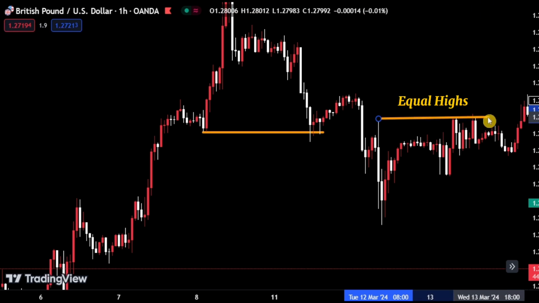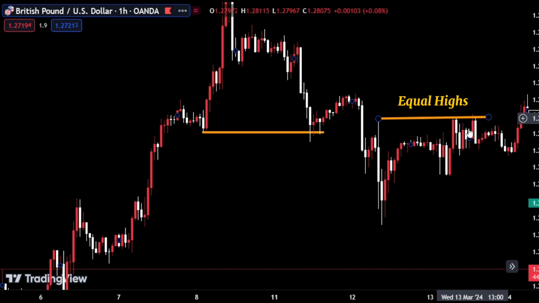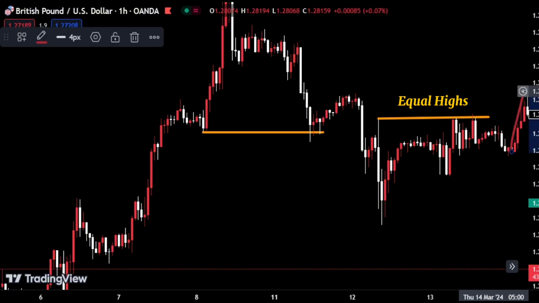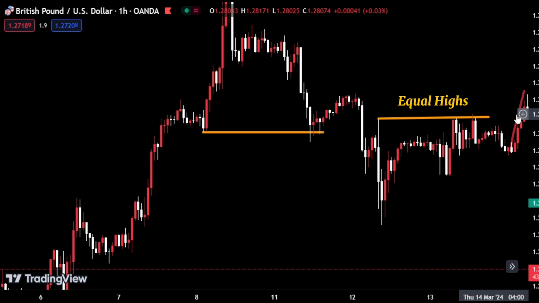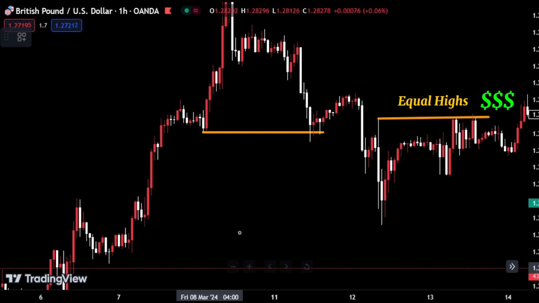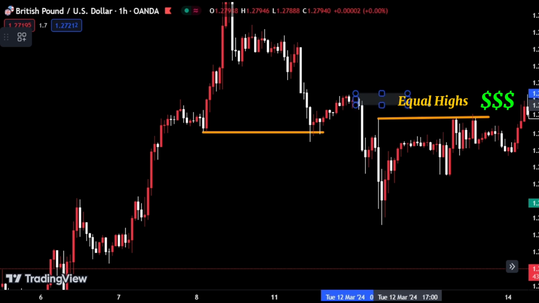We have our equal highs here, as you can clearly see. And the market went ahead to grab the liquidity above that area. So finally, it dropped to the downside.